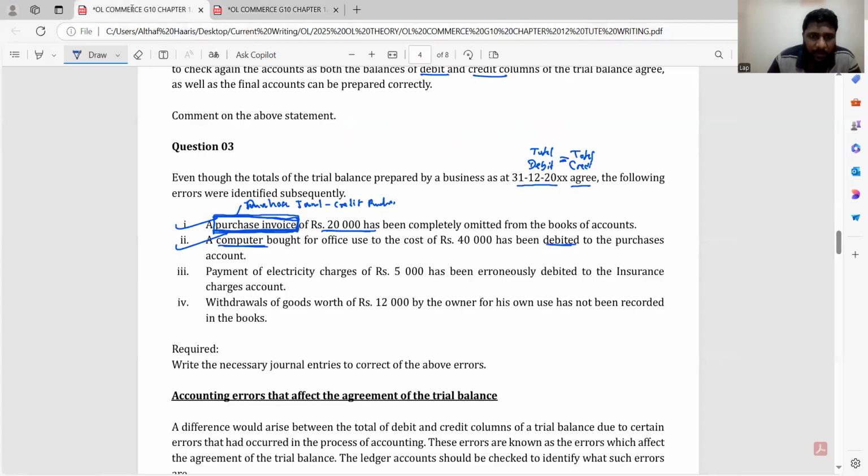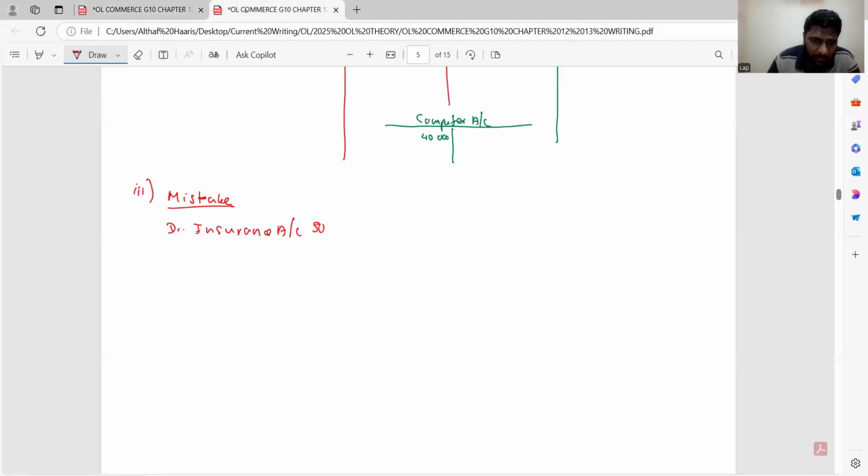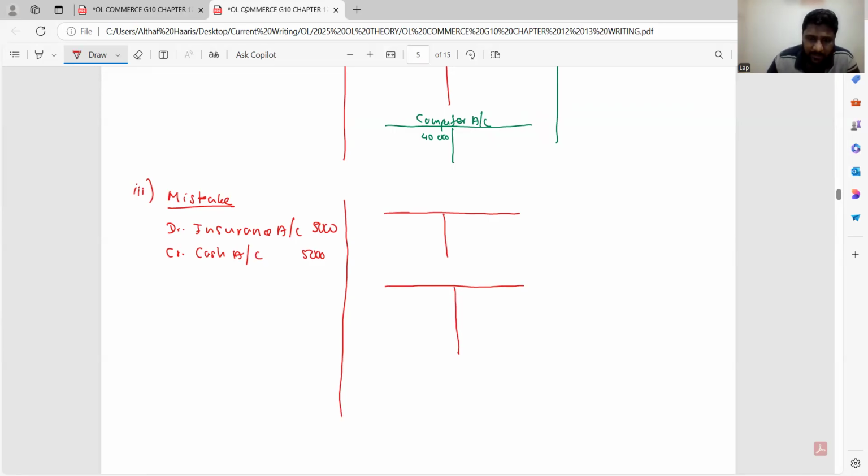How much is the value? 5,000. And you have credited the cash account 5,000. So what is the mistake, Lamai? Electricity we can't put to insurance. Electricity, how can we write it in the insurance? This is the mistake that you have done.